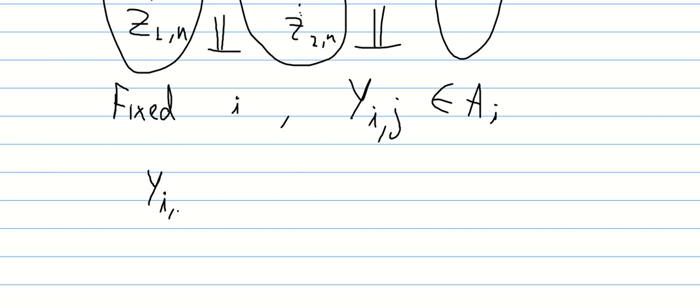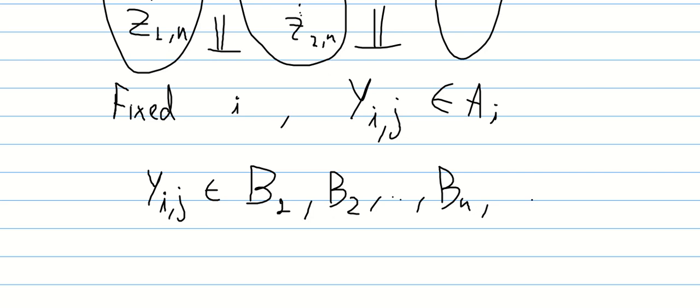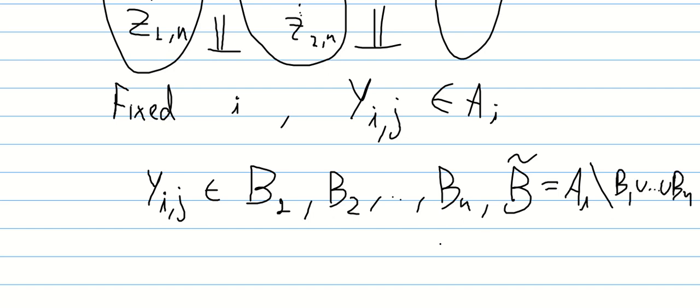Y_ij could belong to B1, or it could belong to B2, or it could belong to Bn, but there's still one possibility that it belongs to B tilde, which is the complement, like A_i minus all these B's. So one of these things has to happen.